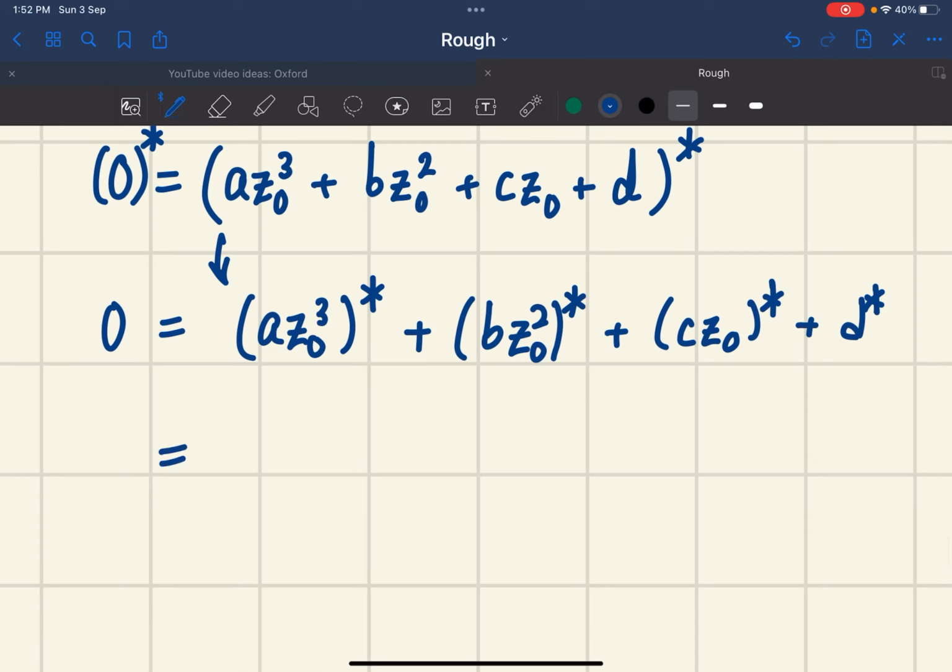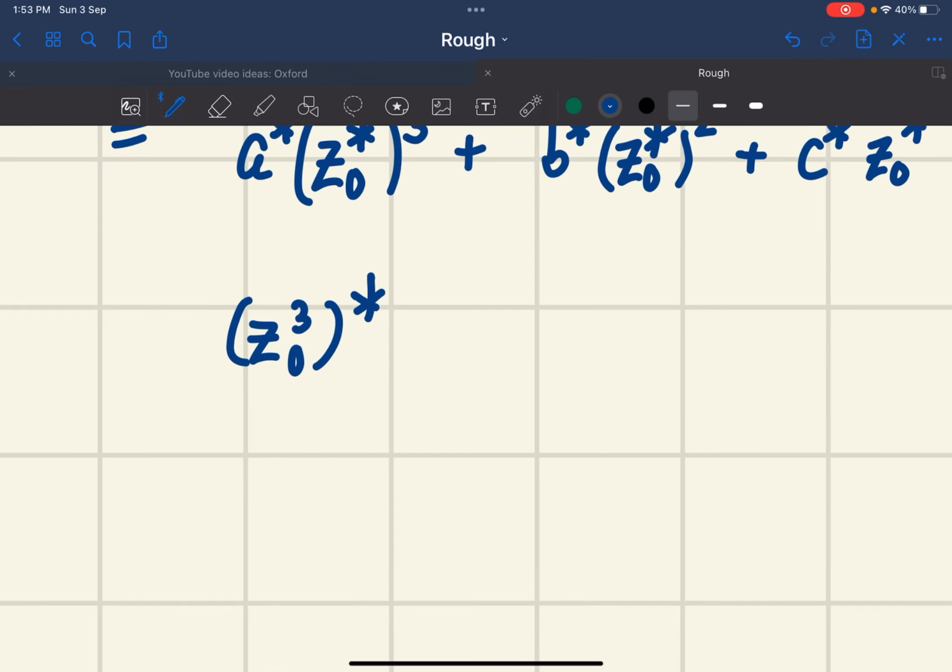And each term is, for example, this one. We multiply a by z naught cubed, then we take the complex conjugate. So that is equal to also all the terms complex conjugated, then multiplied together.